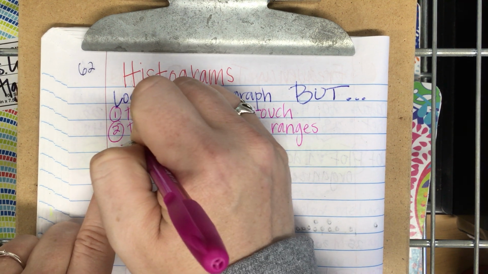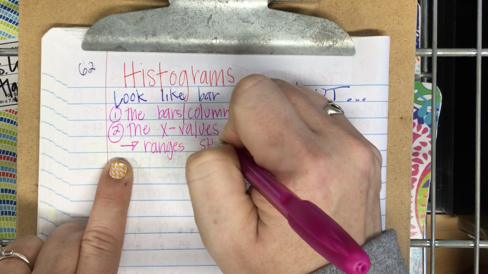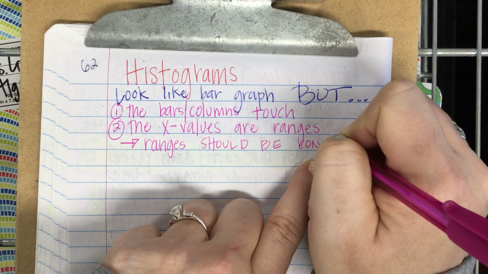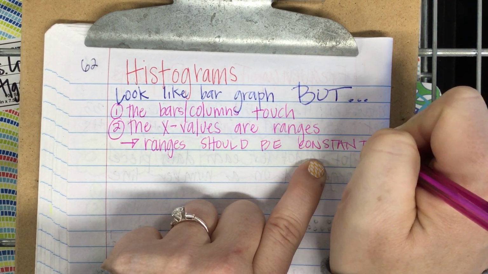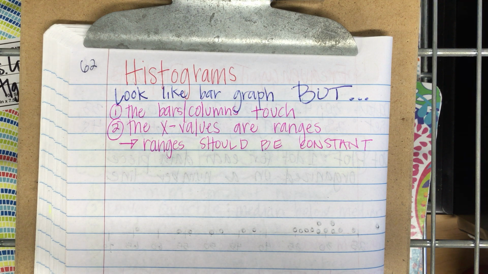What you need to know about the ranges is that the ranges should be constant. You cannot say, I'm going to put this range as people with shoe sizes from 0 to 5, and the next one is 5.1 to 6, and the next one is 6.1 to 14.